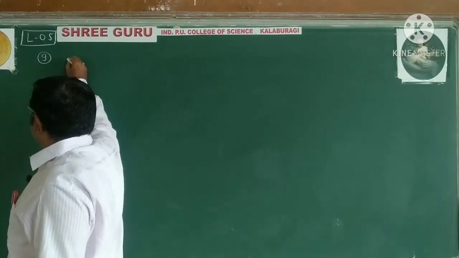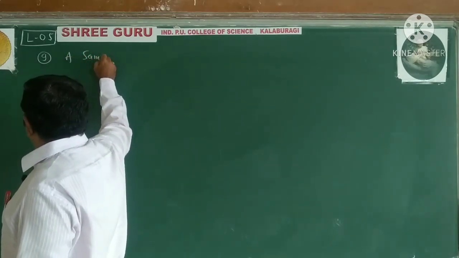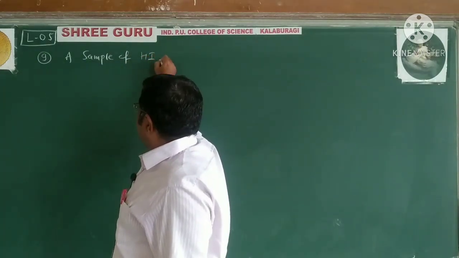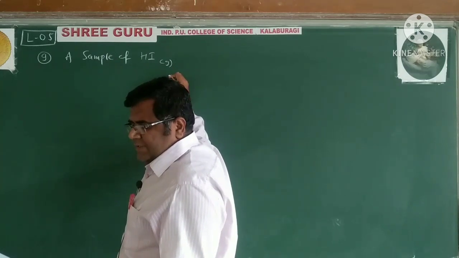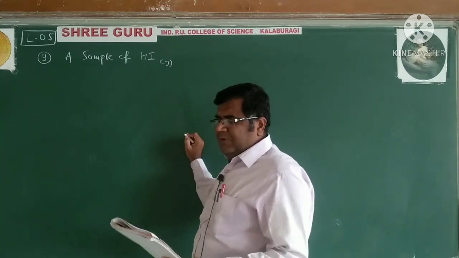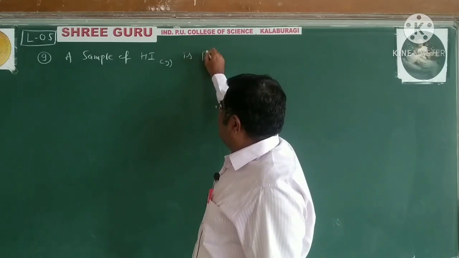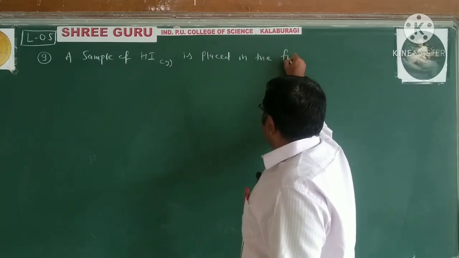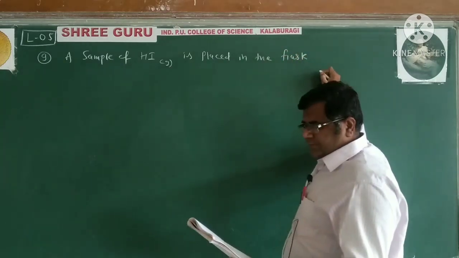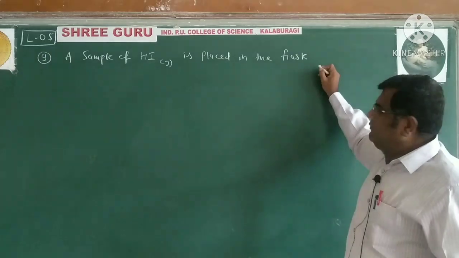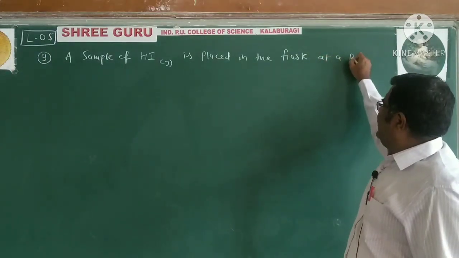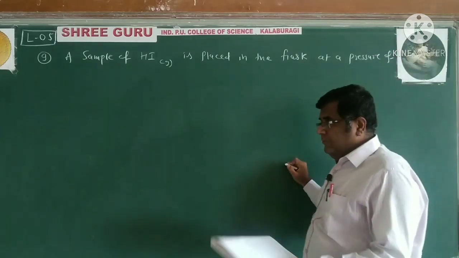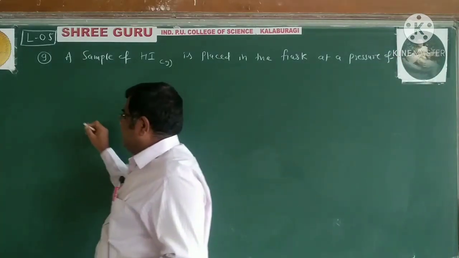A sample of hydrogen iodide in gaseous state is placed in a flask, which means a container, at a pressure of 0.2 atm.